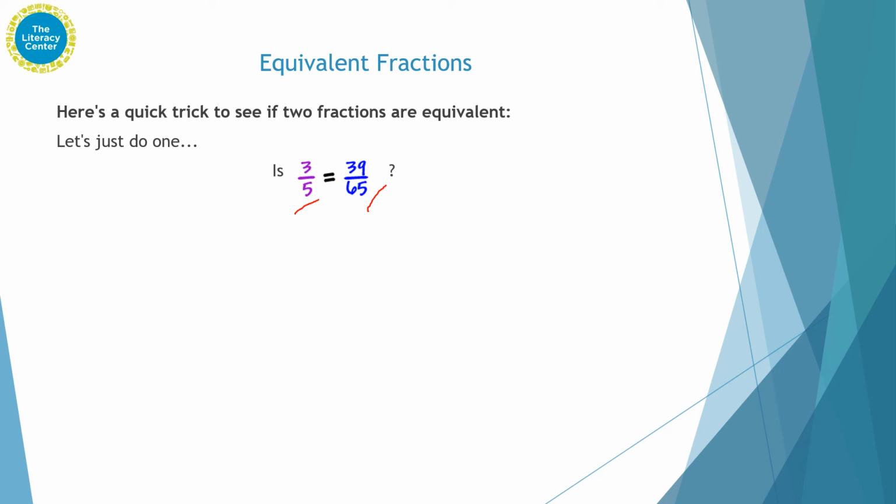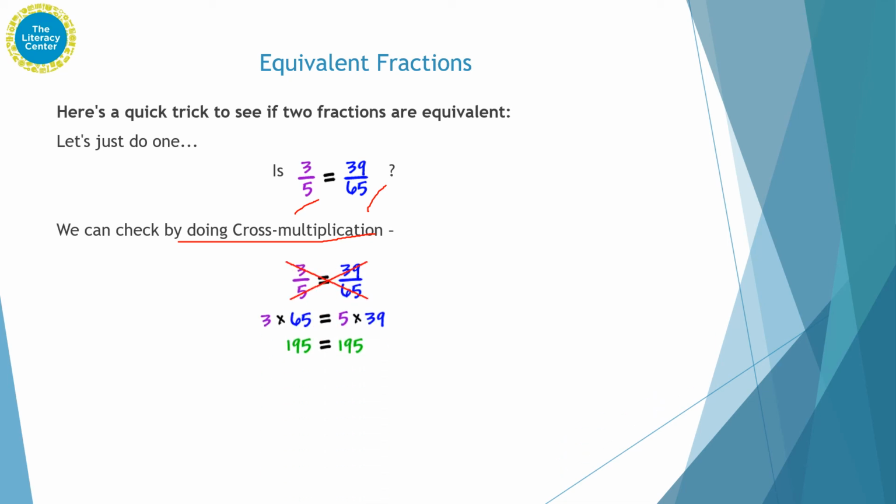We can check this by doing cross multiplication. And how can we do this? All you need to do is cross multiply: 3 multiplied by 65 here, 39 multiplied by 5 here, and find out the answer.